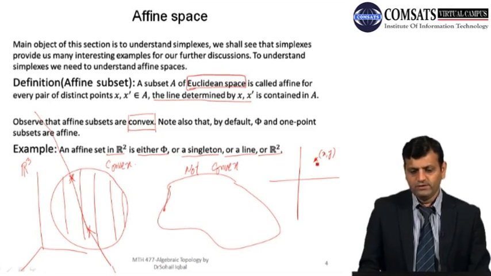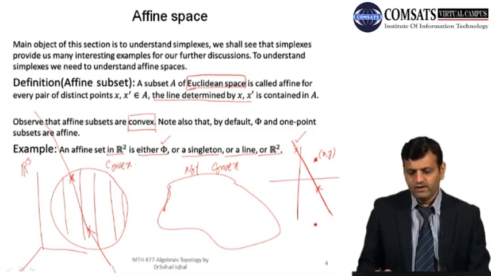Because it has only 1 point, and the line joining this point to itself is of course contained in this set. And we have already seen that if I have a line in R2, then why is this line affine? Because if I take any 2 points, then the line determined by these 2 points is the same line which is contained in the set. So that's why this line is an affine subset.